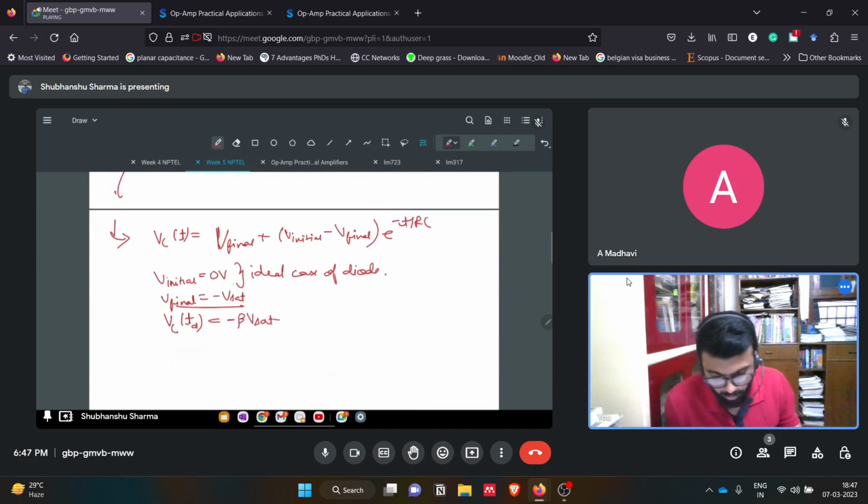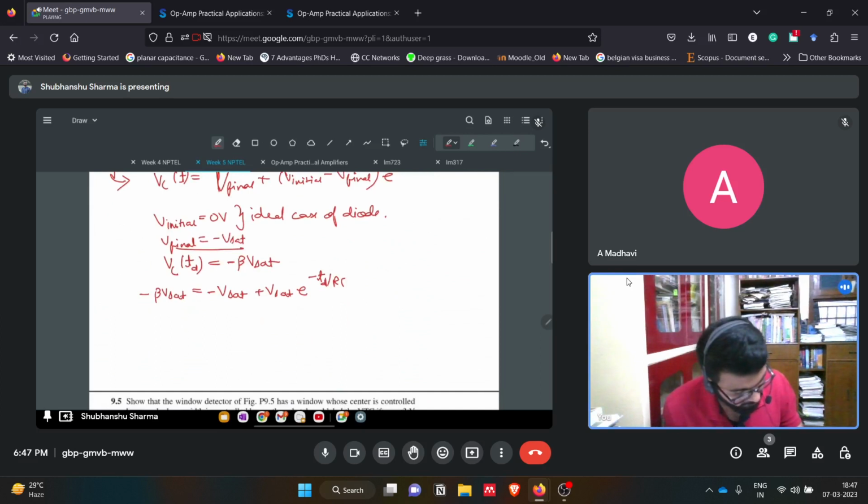So if we use this in this formula, minus beta V saturation equals minus V saturation plus V saturation e to the minus t1 by RC, that is TD.